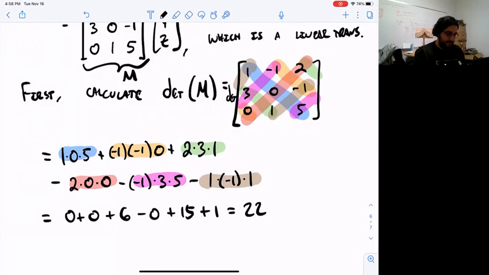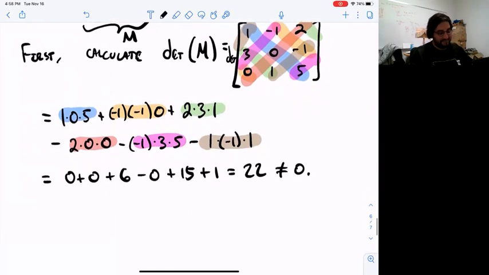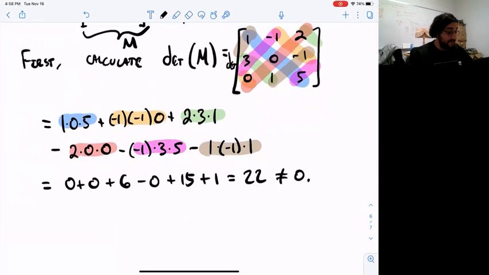So this is 22, which on some days is known as not 0. And this is one of those days where we don't really care about the 22. We just care that it's not 0. The number itself at the moment doesn't do a lot for us other than the fact that it's not 0.